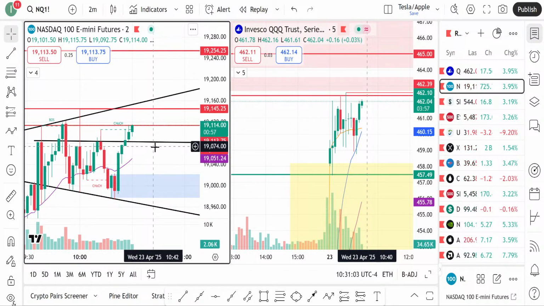Buyers are in control right now still. There's a lot of follow through here, so this is looking good from the buy side.